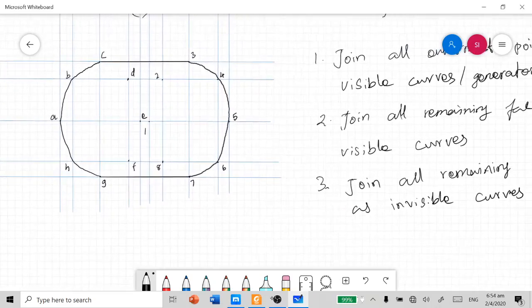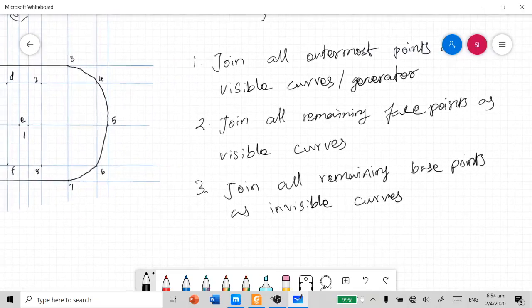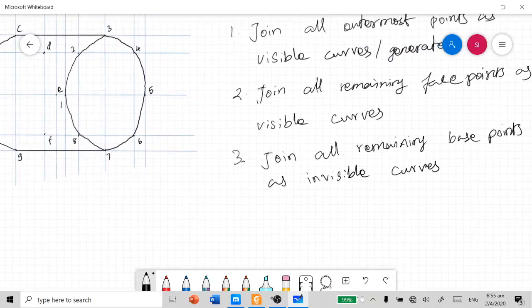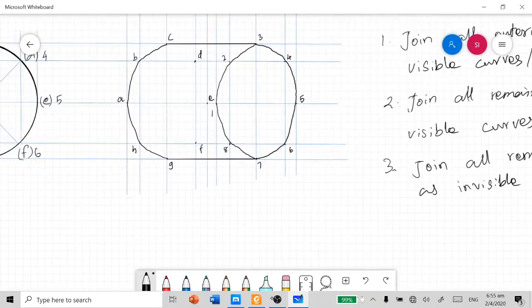And now the rule number 2 is how to join all remaining face points as visible curves. So here starting from 1 to 2, 2 to 3 and 1 to 8, 8 to 7 can be joined as visible curves. And the third rule, join all remaining base points as invisible curves.